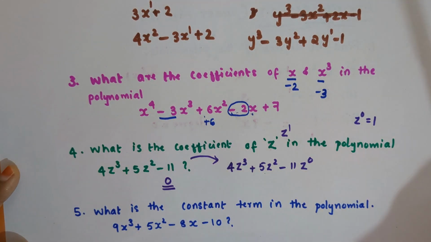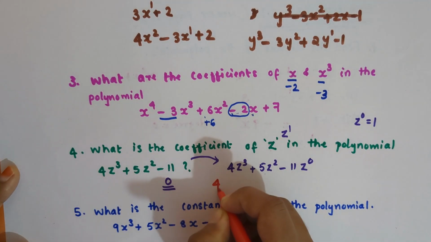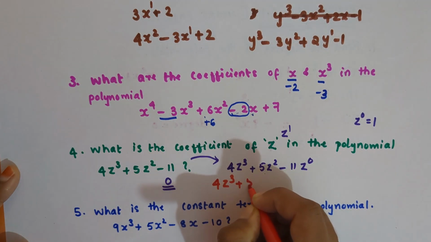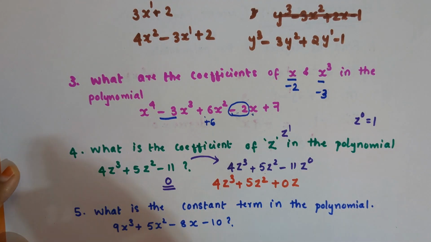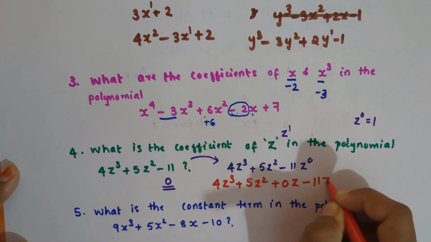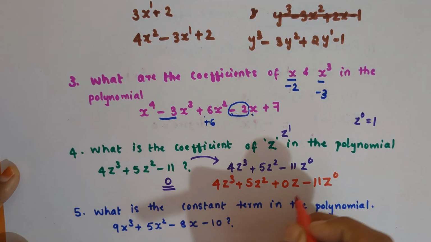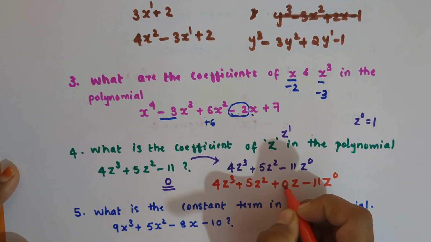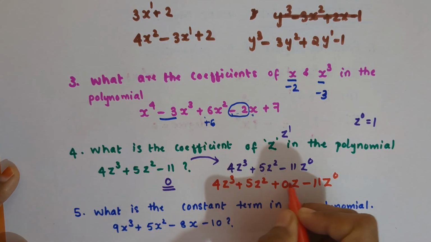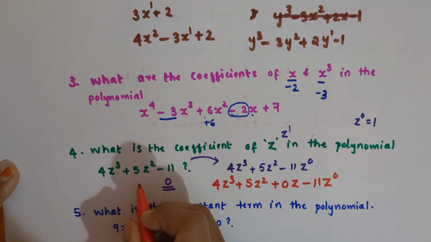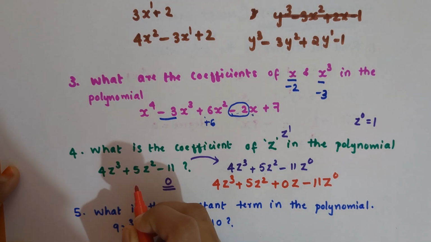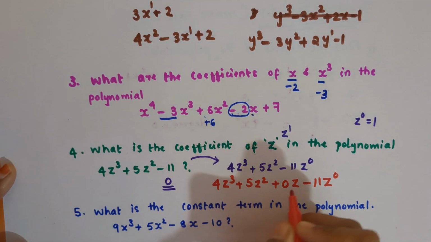That is, you can rewrite it as 4z cube plus 5z square, then there is no z term, so 0z, minus 11z raised to 0. You see z into 0 is 0, so you will get the same expression. So the coefficient of z is 0 here, because there is no z directly present in this polynomial. So the coefficient of z is 0.